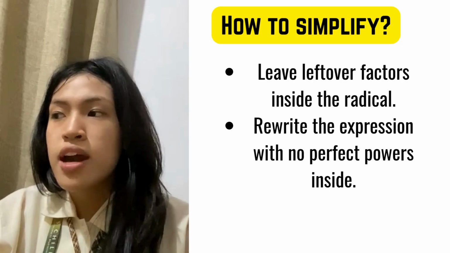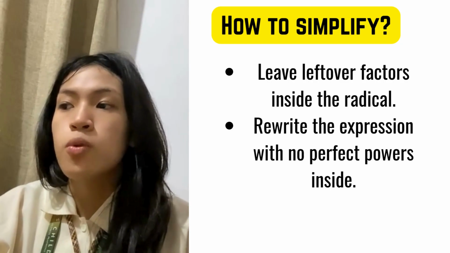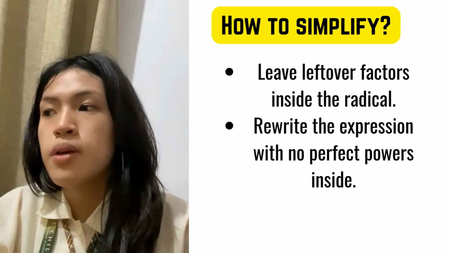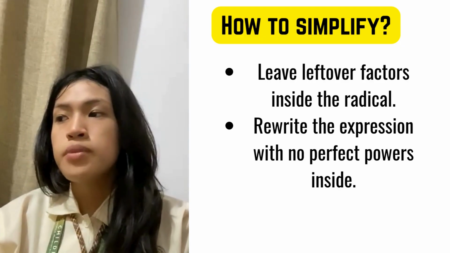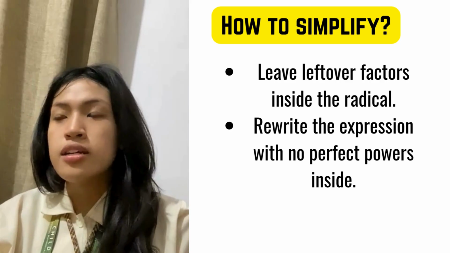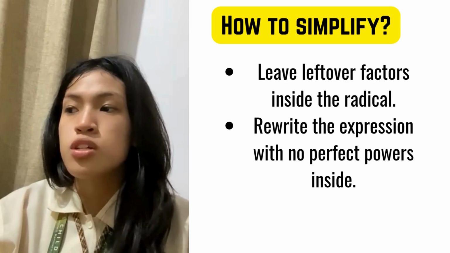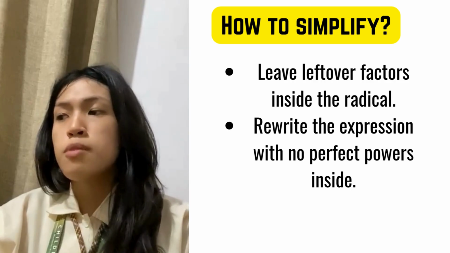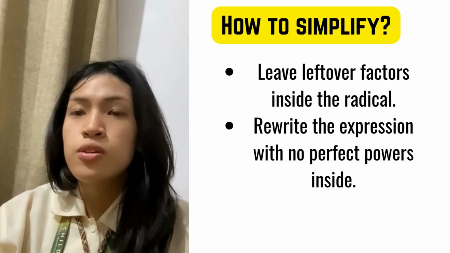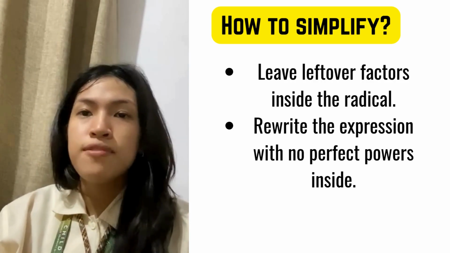By identifying these groups, we can pull out one copy of the number for each pair or triple we form. In the end, simplifying radicals means rewriting the expression so that no perfect powers remain inside the radical, resulting in a cleaner and more efficient form.